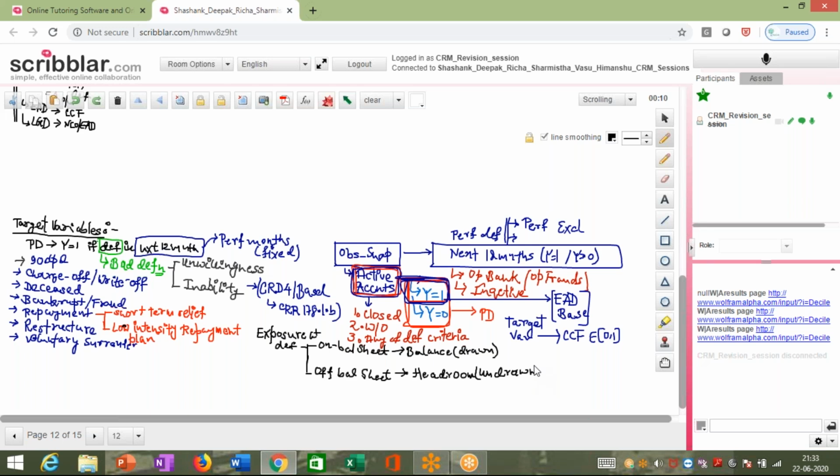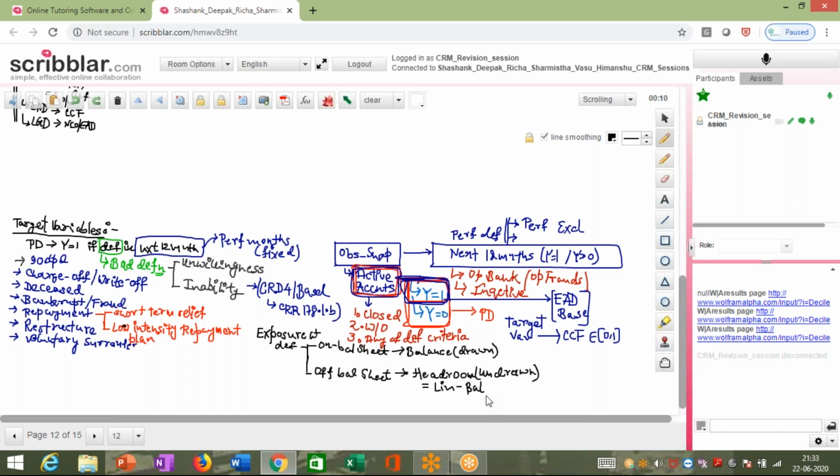What is this headroom? The headroom is nothing but the limit minus the balance. This is how you define your off balance sheet exposure.